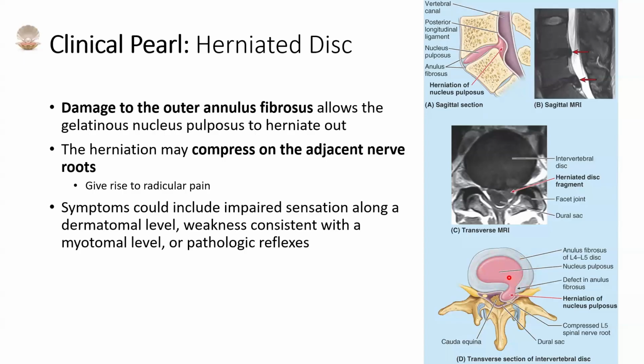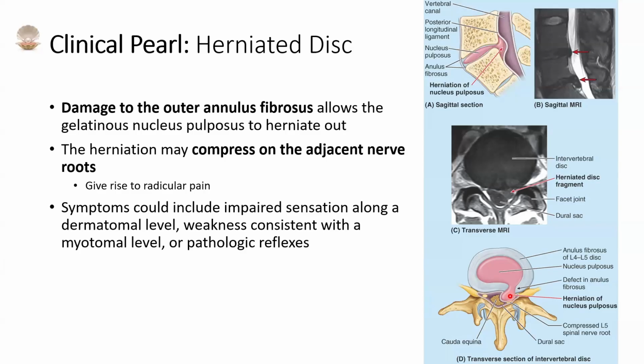So think of it like a jelly donut. You've got the jelly filling in the middle, the donut part on the outside, the jelly squirting out the donut. When that jelly squirts out the donut, it very commonly squirts out the back corners, and it will compress on the spinal nerve passing in that area or directly on the spinal cord. That creates then an issue with the transmission happening in that area and down that spinal nerve, and that creates what's called radicular symptoms.